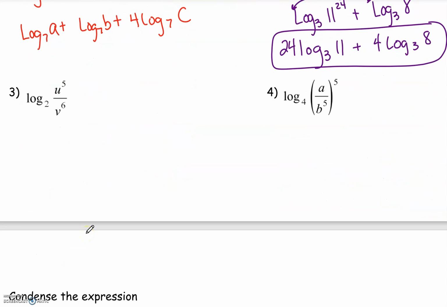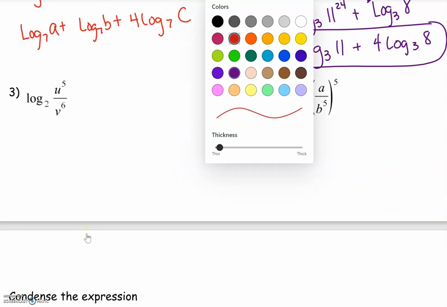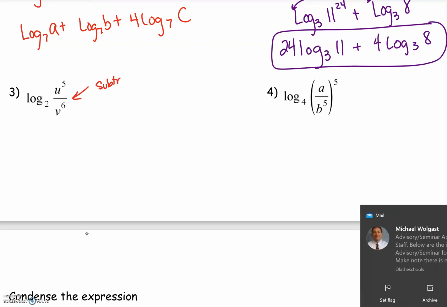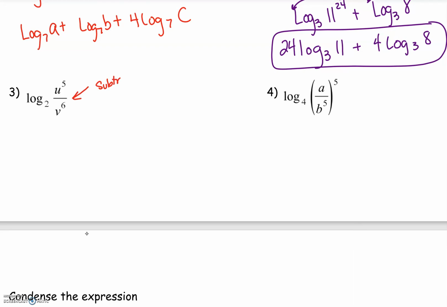All right, so down here, remember that we have division, and so that is going to be subtraction. And then we will move exponents to the front. So 1, subtraction, 2, move exponents to front.